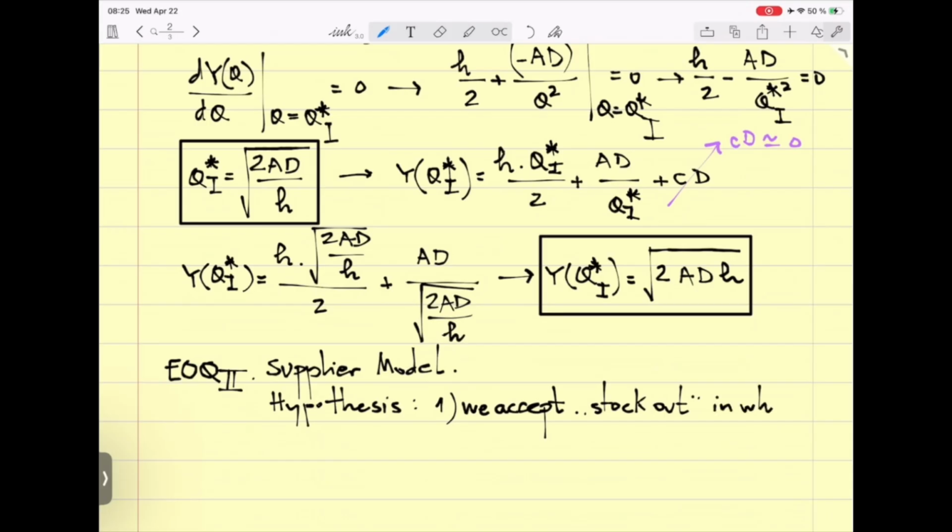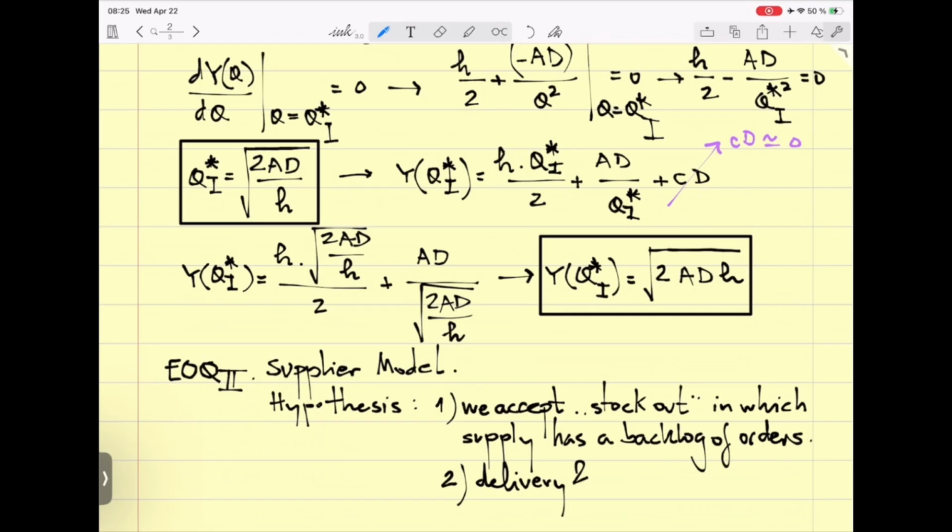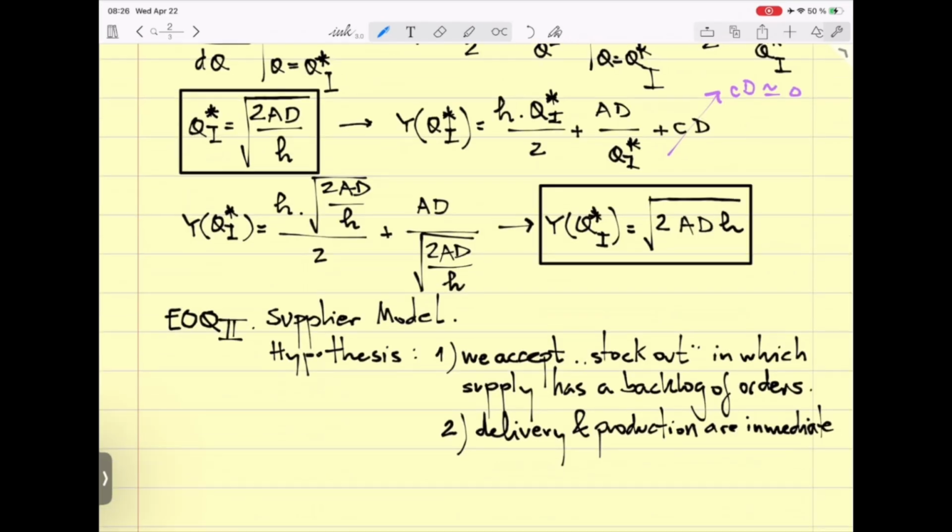Meaning we can go negative, with orders that we still have not delivered, in which supply has a backlog of orders. But still supply, delivery and production are immediate and demand is still constant.